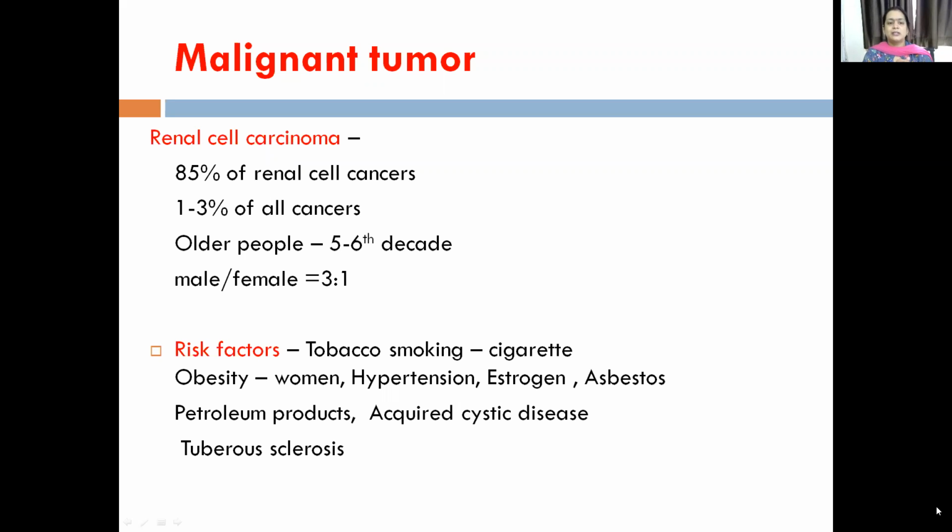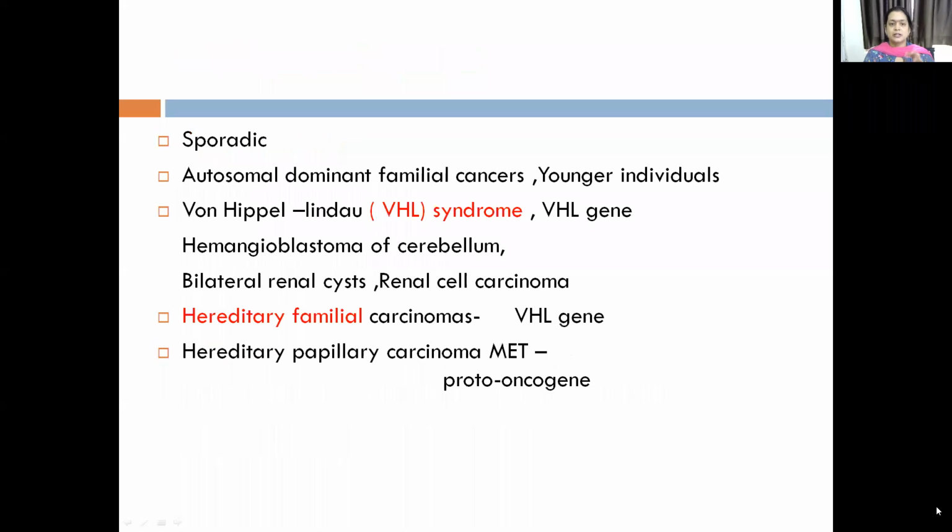Okay, so that's the reason why you have to do a lot of investigations to get to the diagnosis of renal cell carcinoma. Usually older people, males are more commonly affected. There are some risk factors associated with it. If it is congenital, usually it can be associated with tuberous sclerosis. Then tobacco smoking, cigarette, obesity, hypertension, estrogen, asbestos, and acquired cystic disease. So sporadic causes I told you.